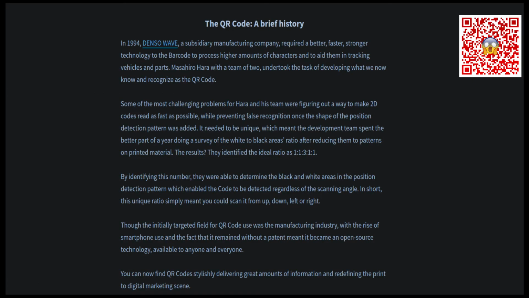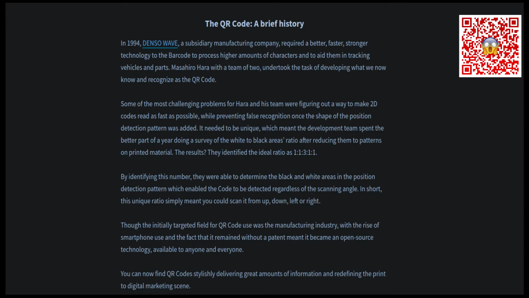The QR code, a brief story. In 1994, Denso Wave, a subsidiary manufacturing company, required a better, faster, stronger technology than the barcode to process higher amounts of characters and to aid them in tracking vehicles and parts. Masahiro Hara, with a team of two, undertook the task of developing what we now know and recognize as the QR code.